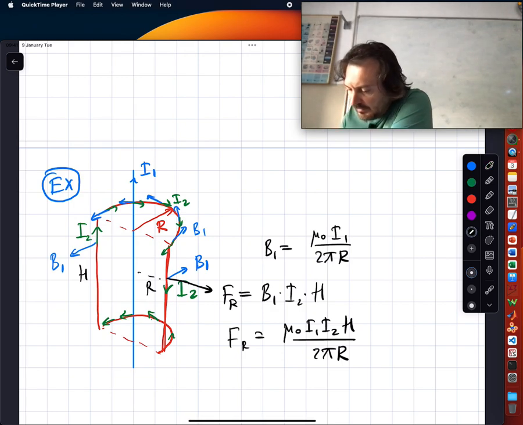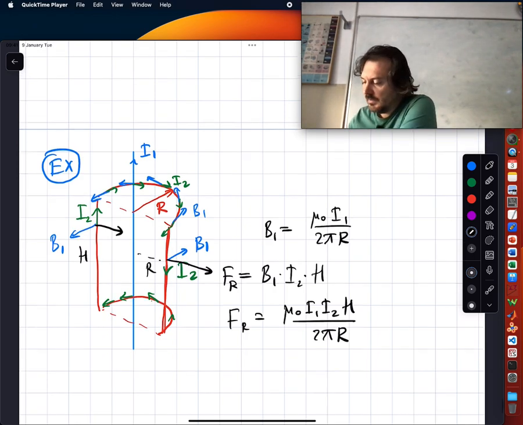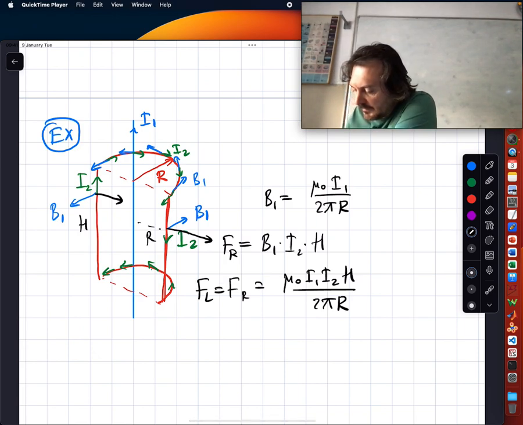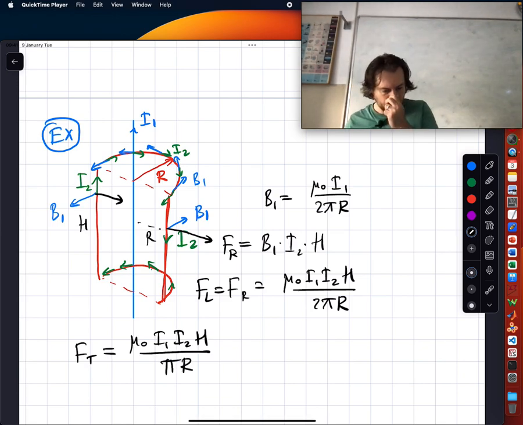Do you mean this way? In the same direction as FR, right? Don't you agree? So FL is also equal to this one. As a result, F total is twice of this one. So mu 0 I1 I2 h over pi r. Right? Everyone is happy?